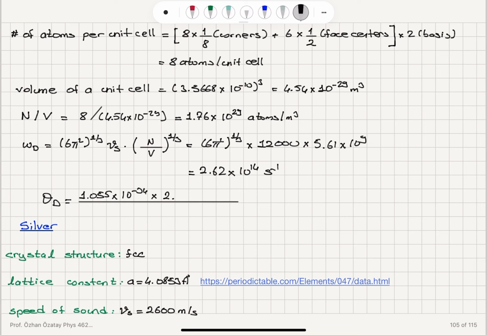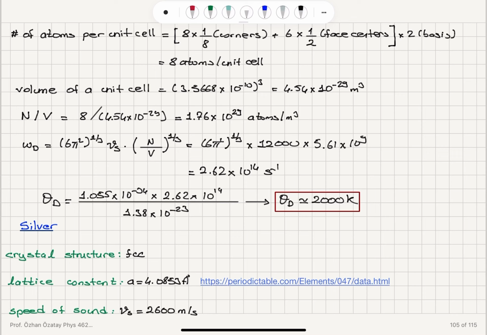Omega Debye is 2.62 times 10 to the 14. The Boltzmann constant is 1.38 times 10 to the minus 23 joules per Kelvin. And this gives us a Debye temperature of roughly 2000 Kelvin. So that's the Debye temperature of diamond.